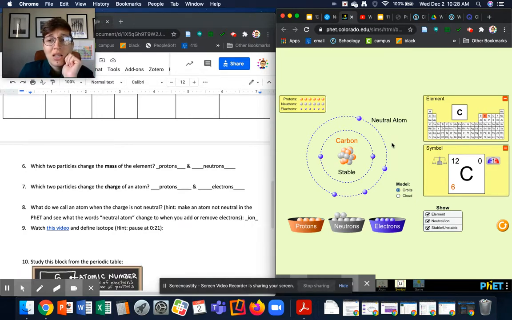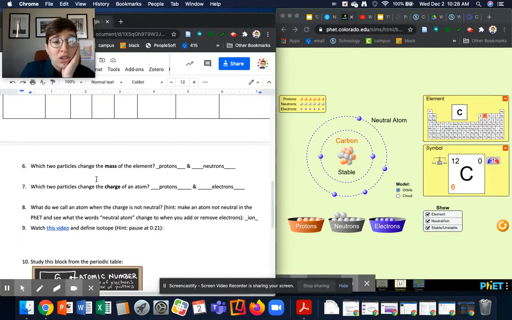They're so tiny that we don't even count them when we're adding up the mass of an atom. That's how tiny they are. They look way bigger in this model. Compared to these protons and neutrons, we wouldn't even be able to see it on the page here if we actually made it how small it is in comparison. They're very tiny. So protons and neutrons change the mass.